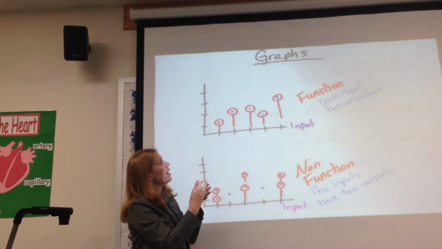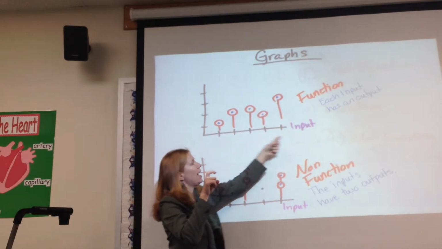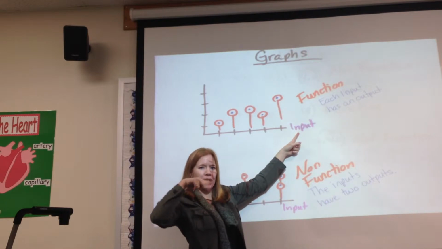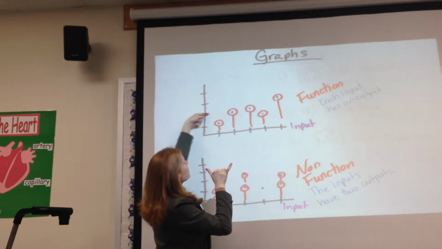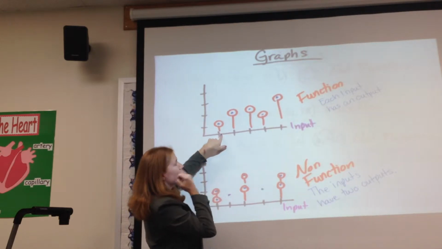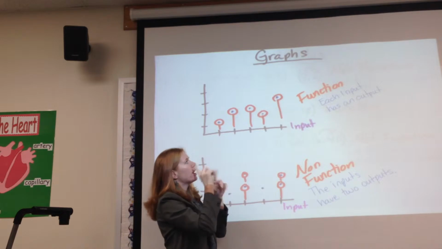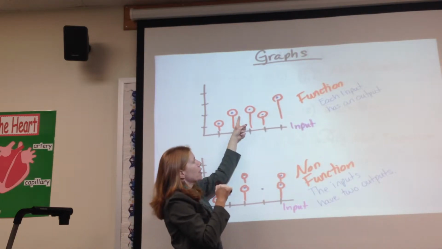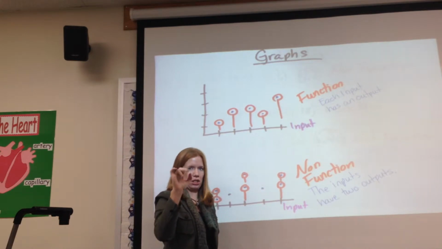If I look at a graph, let's look at this one first. Again, here is X. X is for my inputs, okay? And then my Y is going to be this number. So if I look, this has one output, one answer, okay? So this, yes, that is a function.